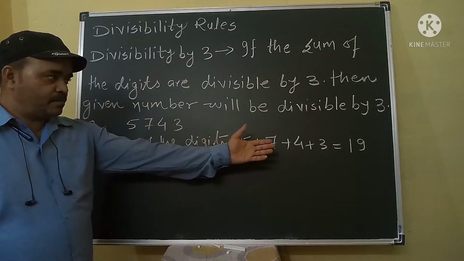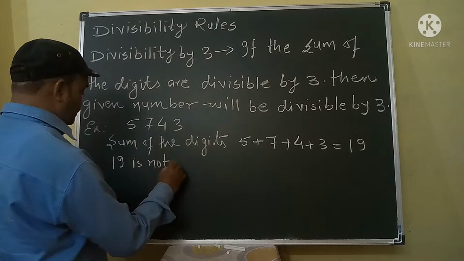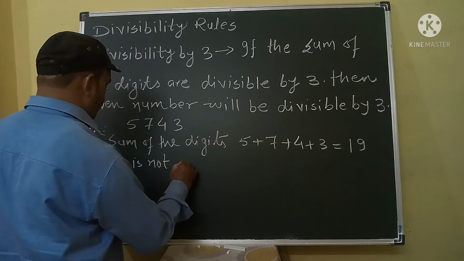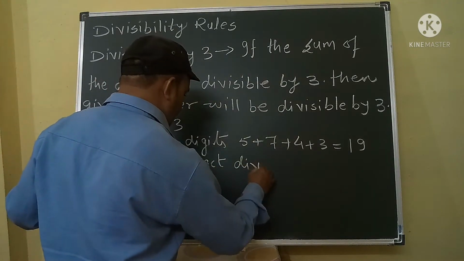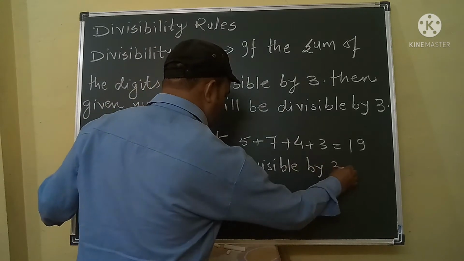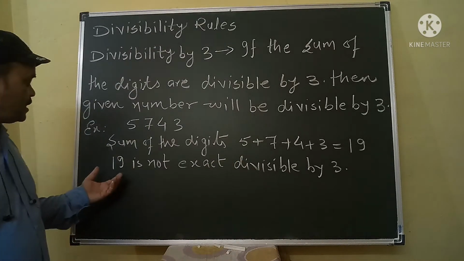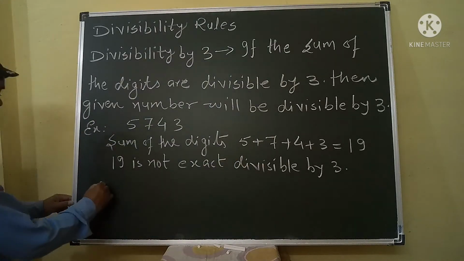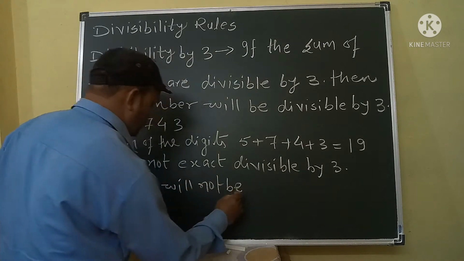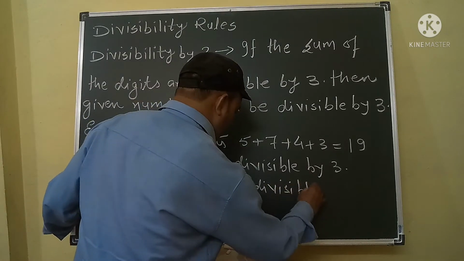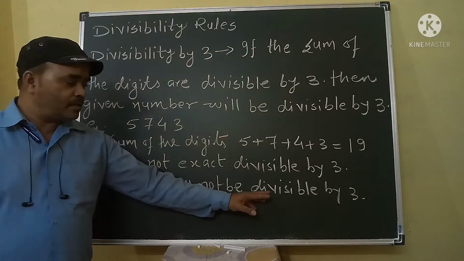And you know very well 19 is not divisible by 3, in other words 19 is not a multiple of 3. So 5743 will not be divisible by 3.